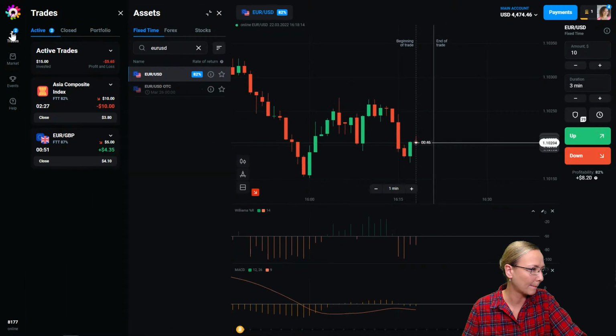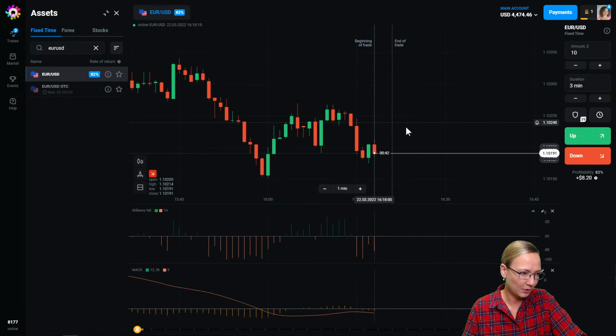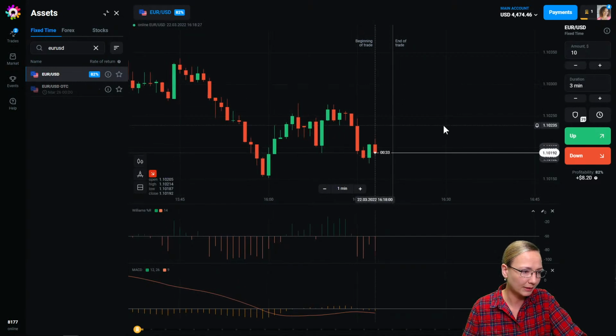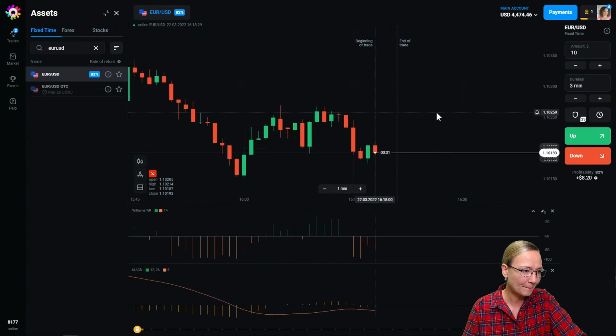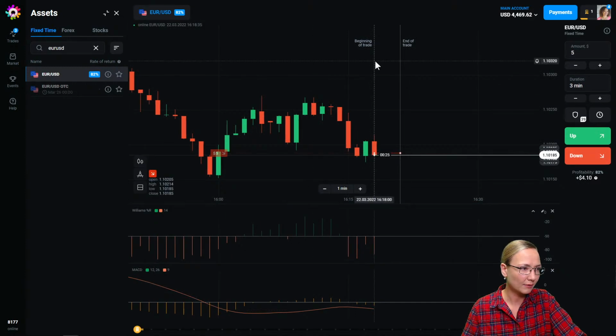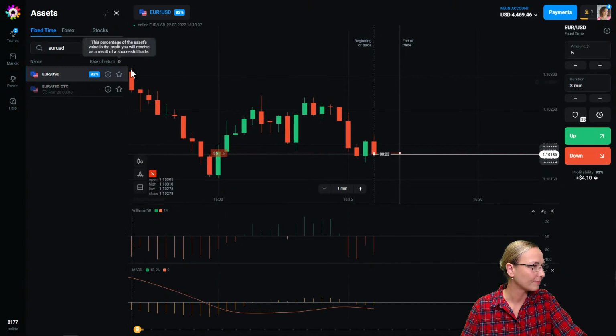Let's see here. Okay, Euro US dollar. Technically speaking, yes, both of the histograms are below the midline. Trade down for 3 minutes.